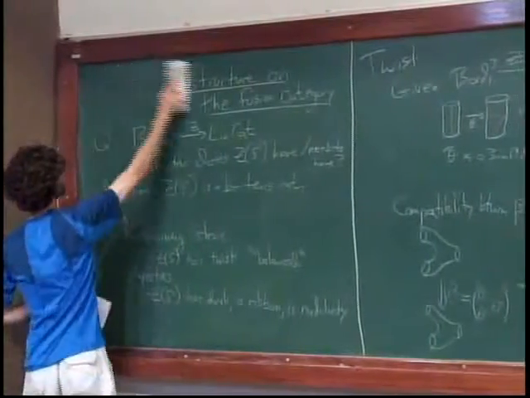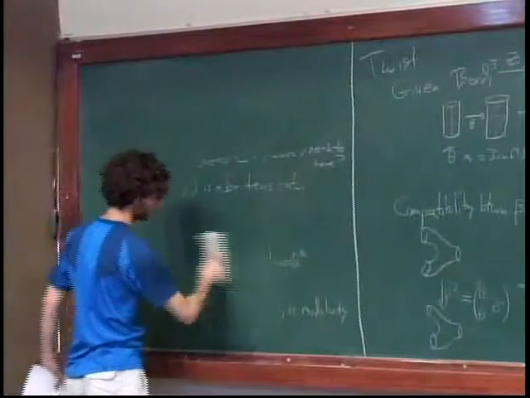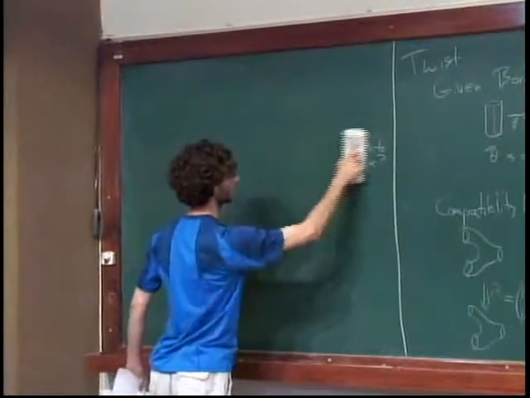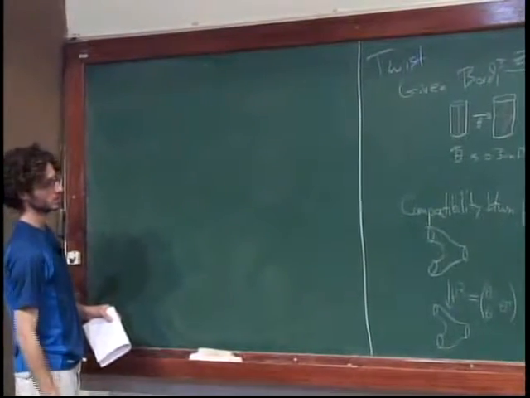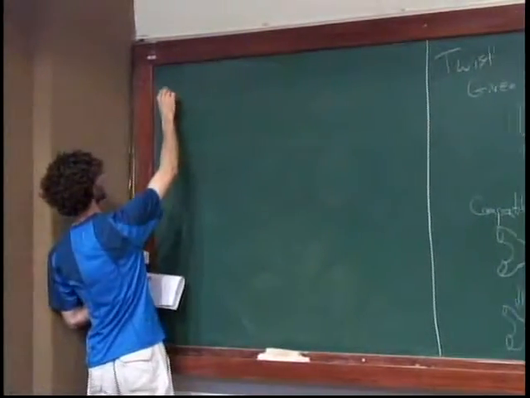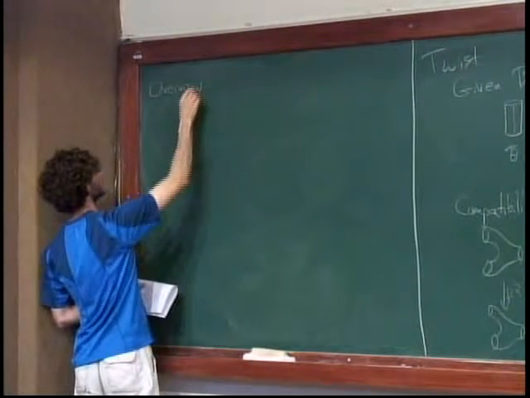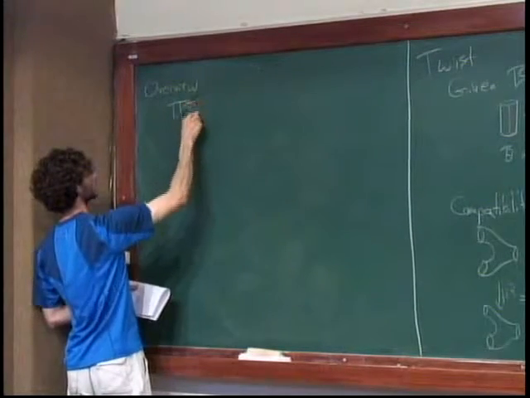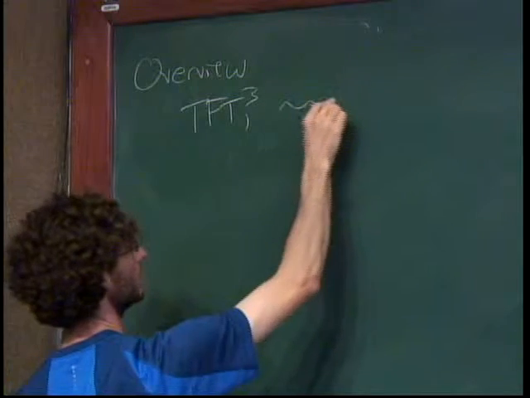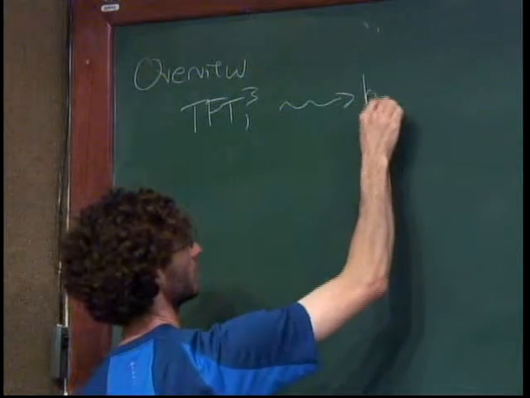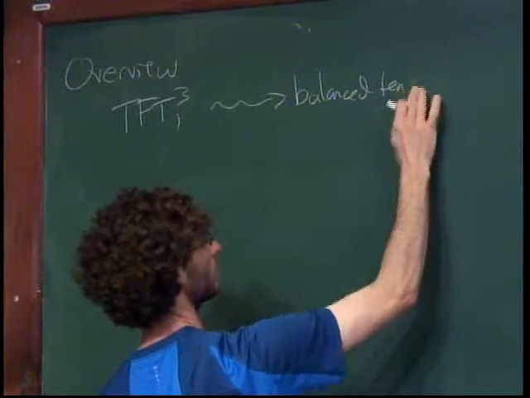So where are we? So, kind of continuing that overview a little bit. If we have a three-dimensional extended TFT, then what have we constructed so far? Well, we've constructed a balanced tensor category.